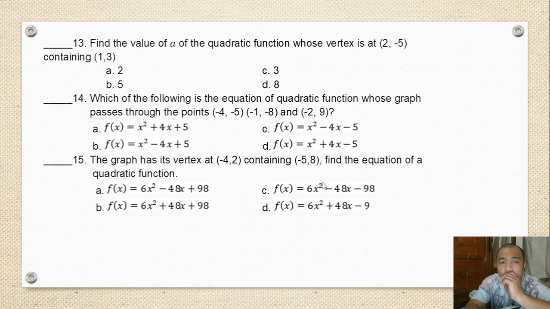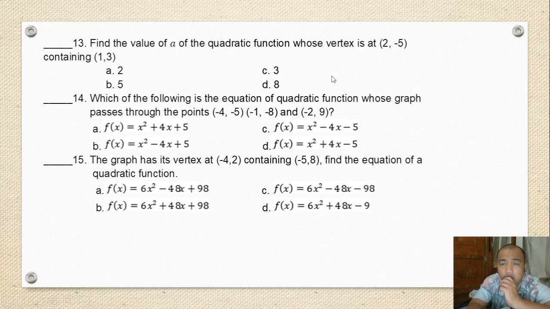Okay, next, 13. Find the value of a of the quadratic function whose vertex is at (2, negative 5) containing (1, 3). Okay, this is our lesson now. So how do you solve for a? Substitute h, k, x and y to the vertex form of the quadratic function. Can you do this orally? y equals a(x minus h) squared plus k.